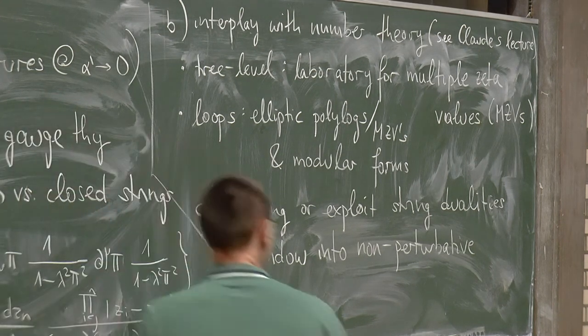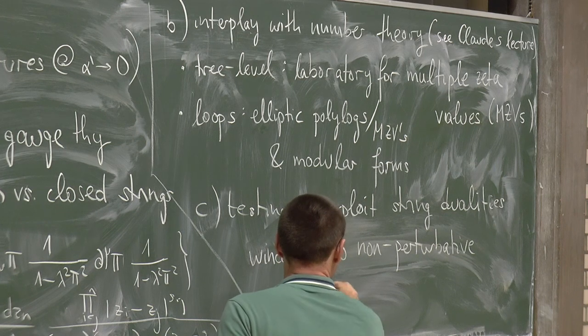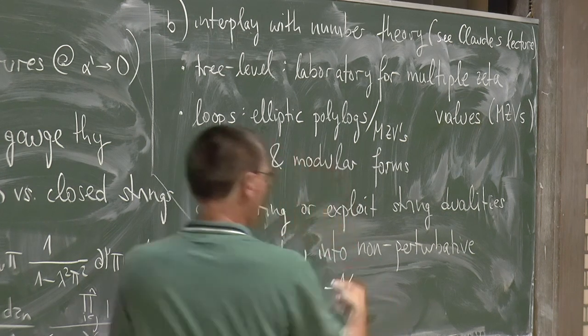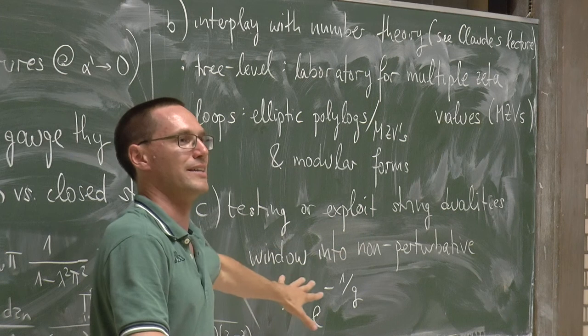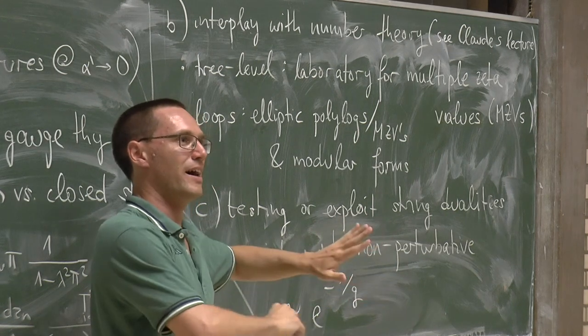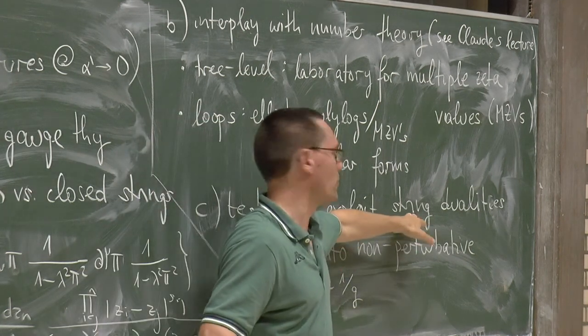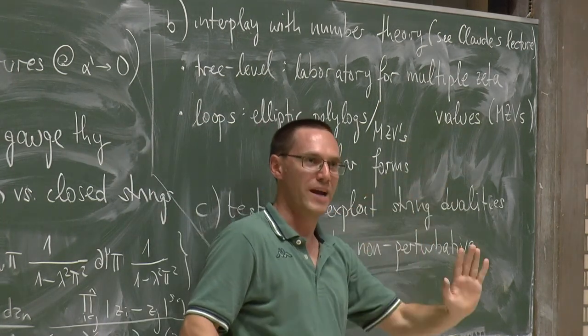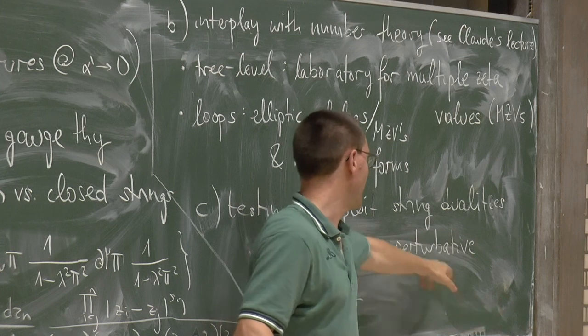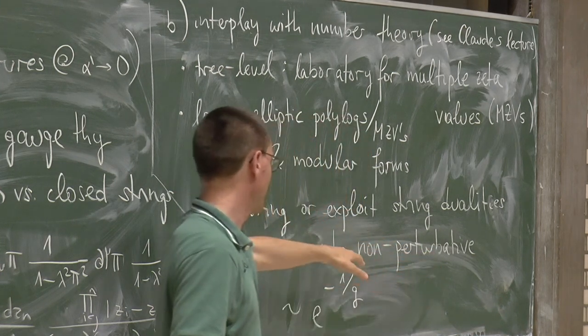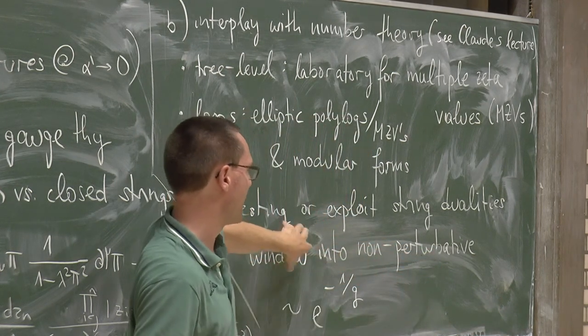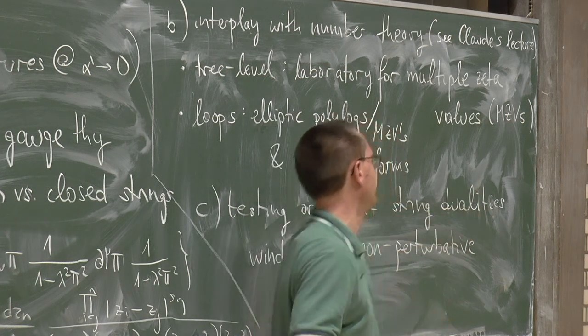Whenever a coupling enters through this infamous function e to the minus 1 over g, you will not see it in any Taylor expansion. Such effects exist and are very interesting in string theory, and by means of string dualities, you might have, in some rare cases, a chance to smell them by using perturbative input plus string dualities.